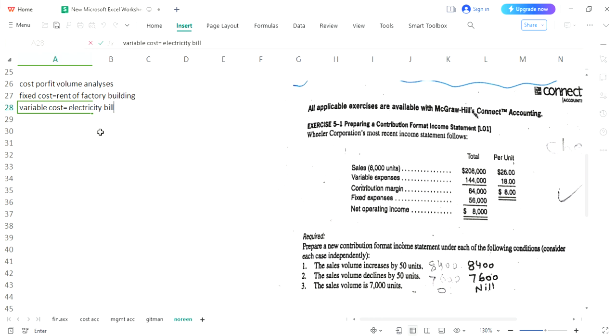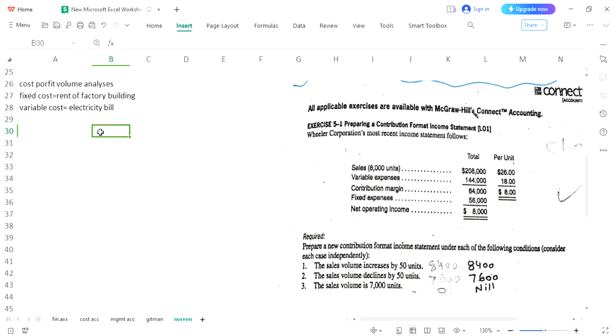Fewer working hours in any factory means a smaller electricity bill. So variable cost has a direct relationship with level of production; it is entirely dependent upon level of production.